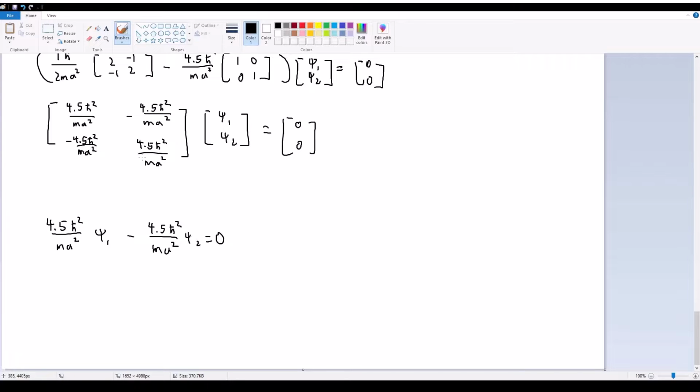The second equation is going to be negative 4.5 h bar squared over ma squared times psi 1 plus 4.5 h bar squared over ma squared times psi 2 is equal to 0. That one's just the negative of this one, exactly the same. So we cancel out all the like terms. What we get is just psi 1 minus psi 2 is equal to 0, or psi 1 is equal to psi 2. Therefore, our vector is actually just psi 1 comma psi 1.